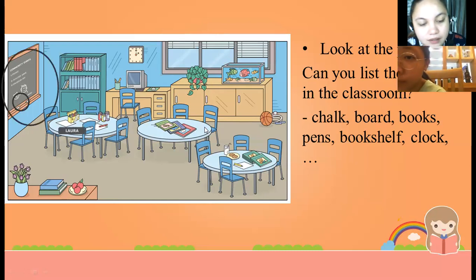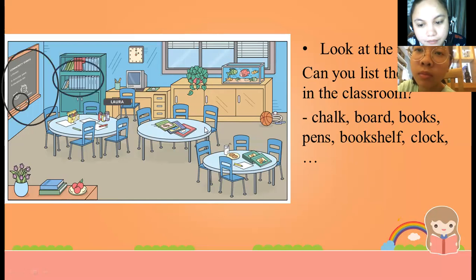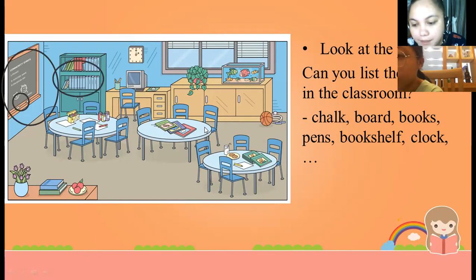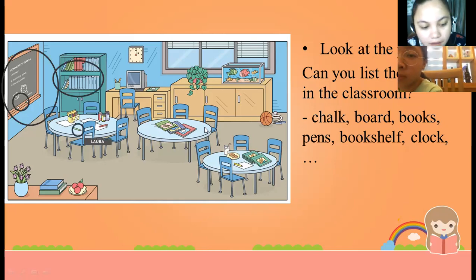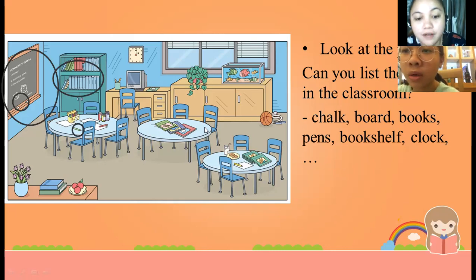Okay, and then books, and then pens. Bookshelf. Bookshelf is also called the cupboard.